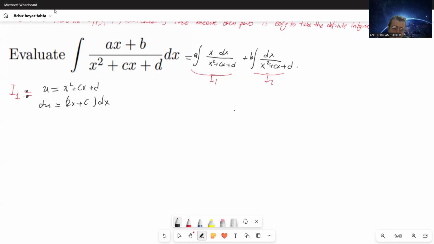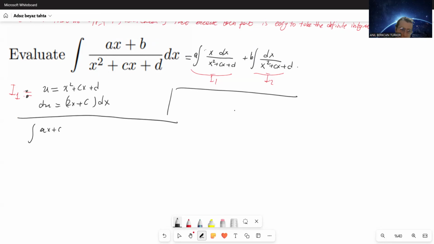So before that, let me decompose this integral. Let us first separate into two: 2x plus c and this thing. So 2x plus c.